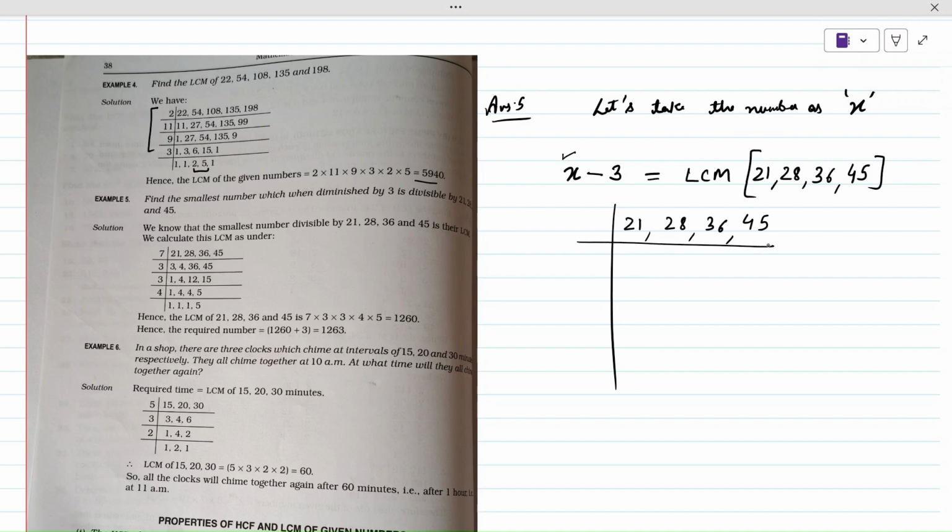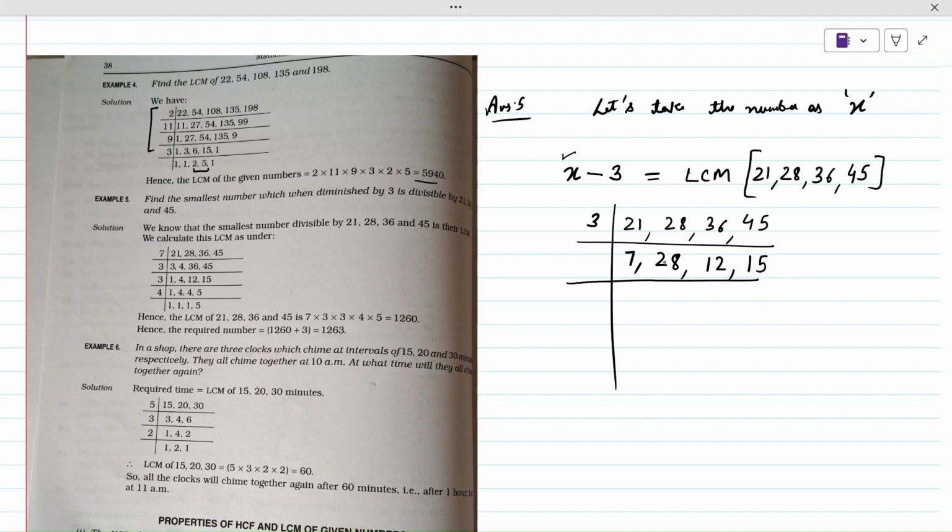Okay, so kids, if you see here, we have 21, 28, 36 and 45. We can start with 2, we can start with 3 also, and we can start with 7 also, like what they have done here. But let us start with 3 here. So we have 3 into 7 is 21, 28 is not divisible, so as is, 3 into 12 is 36, then 3 into 15 is 45.